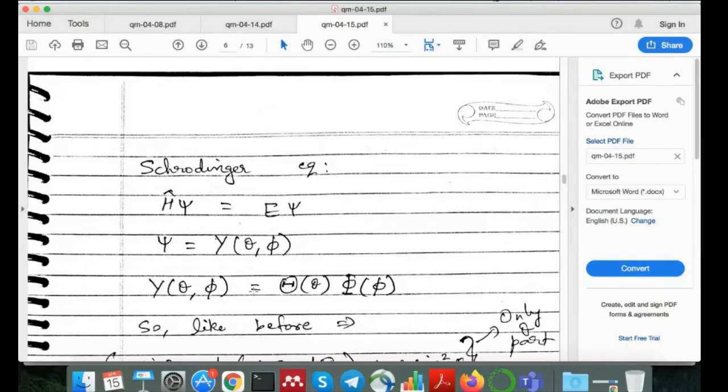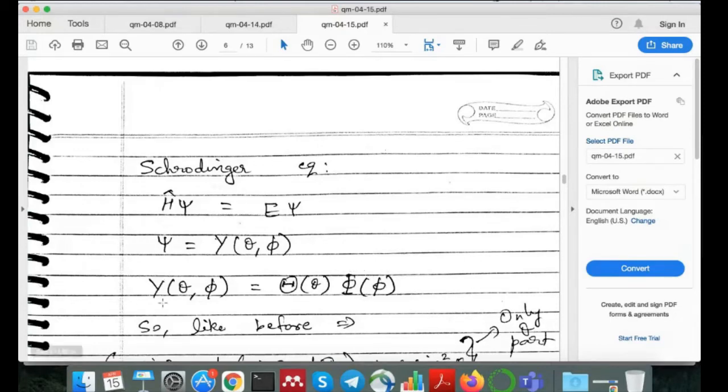So now we again do a separation of variables, because that would be our first natural thing to do. We write psi, Y of theta comma phi, as a product of two functions, one function being a function only of theta and the other function being a function only of phi.